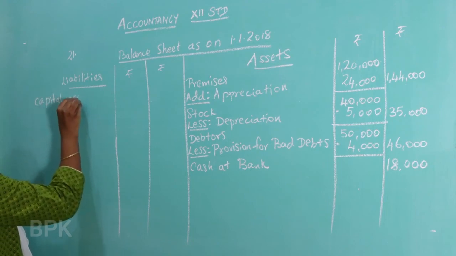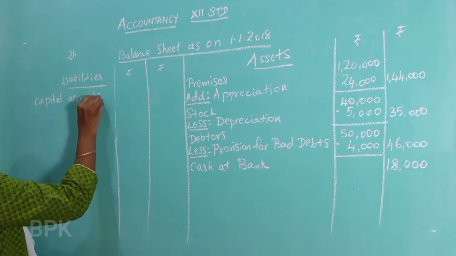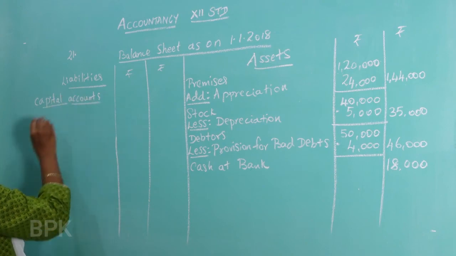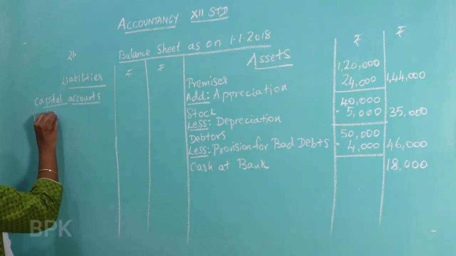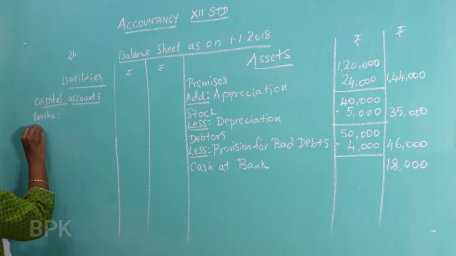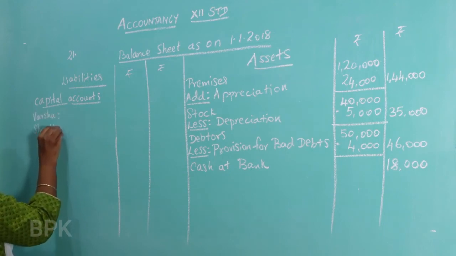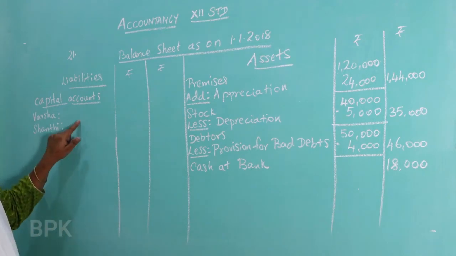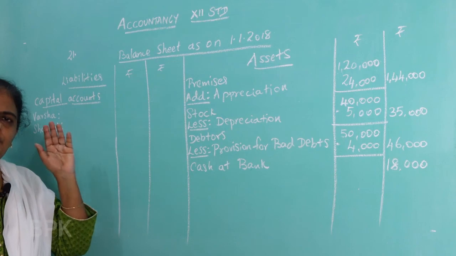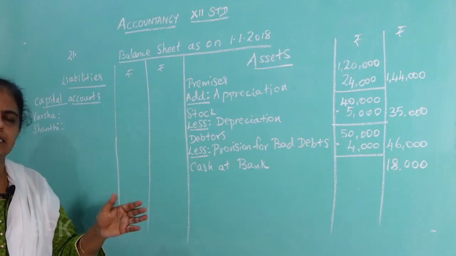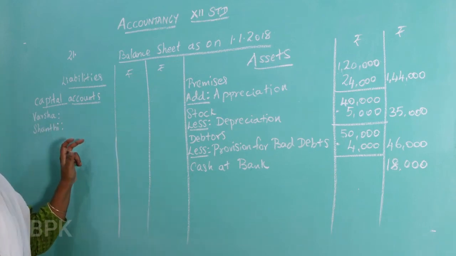Capital accounts. So who are the existing partners? Varsha and Shanti. So now you have to be very careful. For Varsha and Shanti, what balance you must bring? You have to go to the capital account, the brought down balance, the last balance we got, that you have to bring it here.